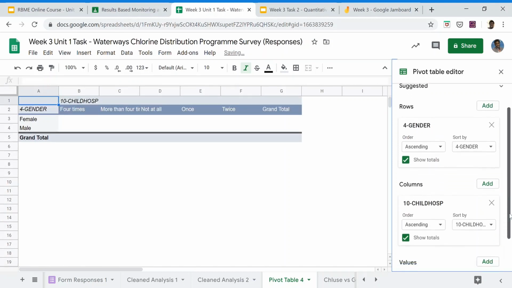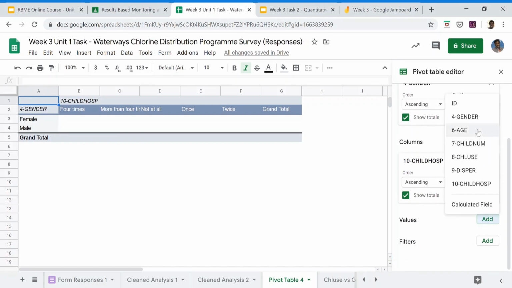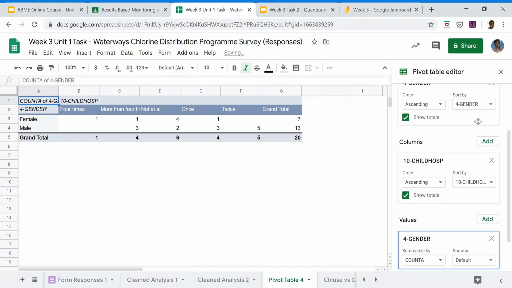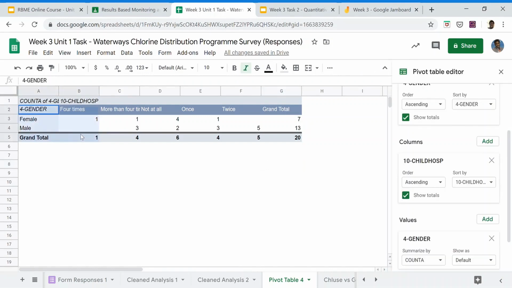Hospitalized child frequency, then values. Boom. So again, I need to see clearly and not work on that.